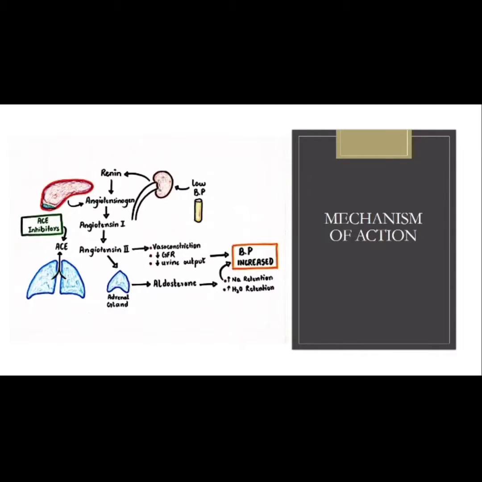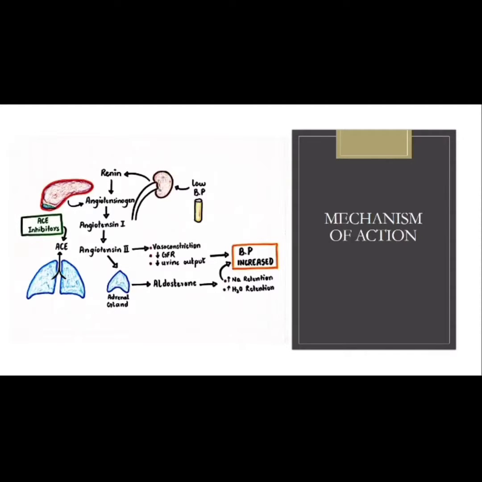Firstly, it goes towards the adrenal gland and releases aldosterone, which causes increased sodium and water retention in the body, and blood pressure is increased. Secondly, it causes vasoconstriction and decreased glomerular filtration rate, and in turn decreased urine output, which causes increased blood pressure.